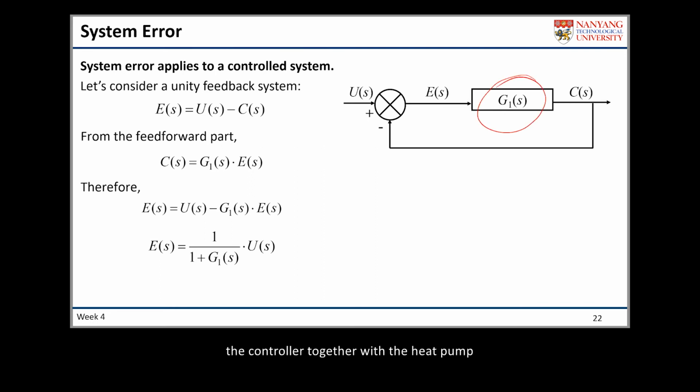The controller together with the heat pump is on the forward part. So G1 is the transfer function of the heat pump together with the controller, or from the technical perspective, we call G1 the forward loop transfer function, right?